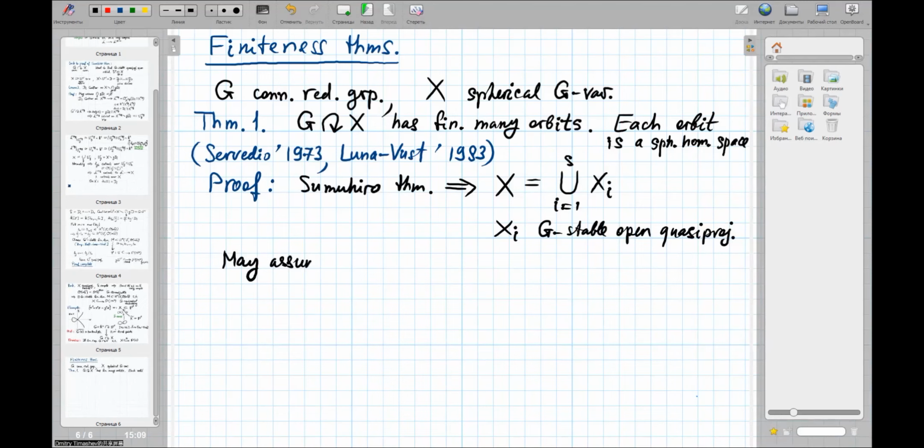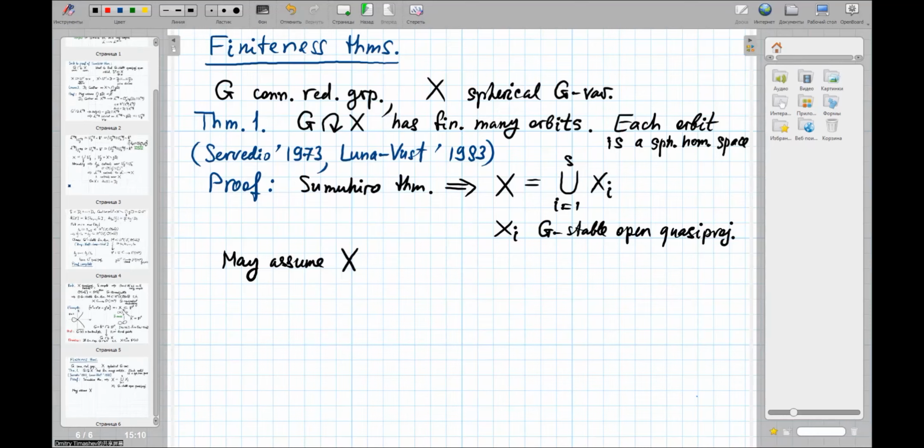But how do we derive the finiteness from the Sumihiro theorem? Finiteness is again a consequence of the properties of the Zariski topology, the Noetherian property. So it suffices to prove this theorem for each of these Xi's.